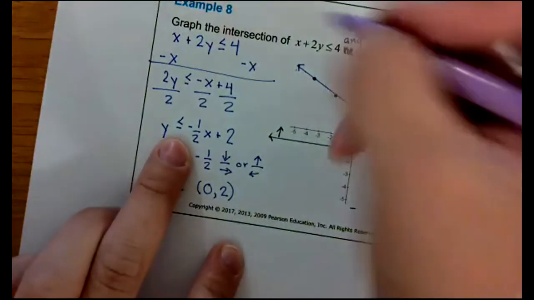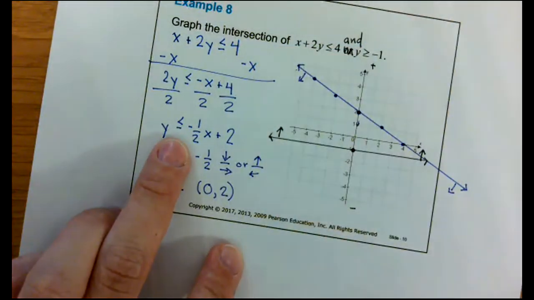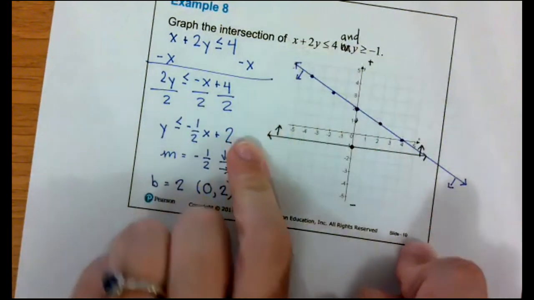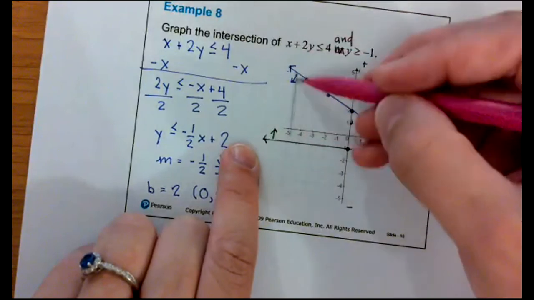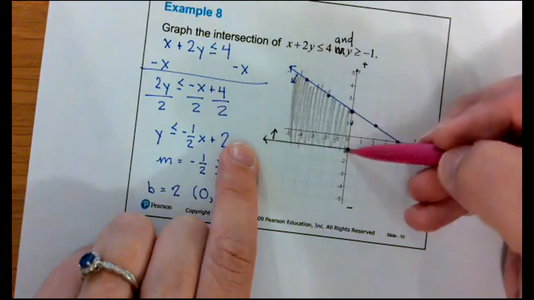And this one is less than, so it's going towards negative y. So where this one is positive and this one is negative is only this triangle right here.